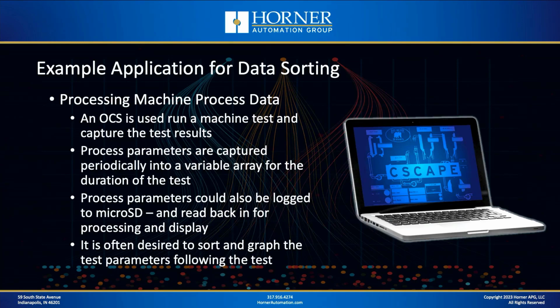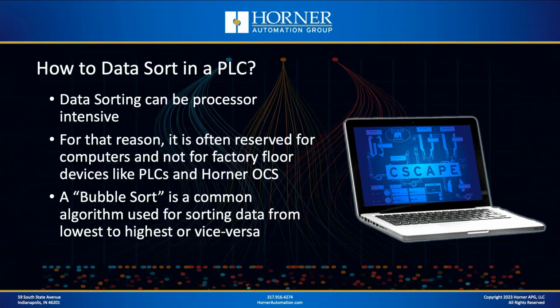So that might be a scenario where you're going to capture your process parameters, and as part of that analysis, you might want to sort that process data in numerical order. So that's the example that I'm giving here. Casey gave you another example that he had run into in his experience.